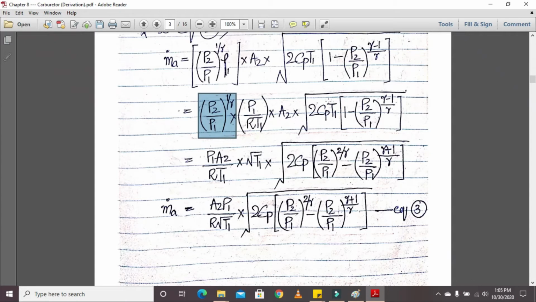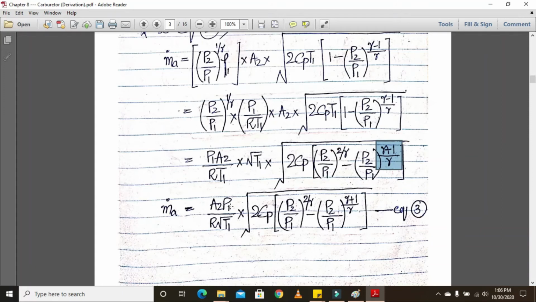When it is going inside the square root, the power will not remain 1 upon gamma, it will become 2 upon gamma because it is going inside the square root. And when it is multiplied with the terms present inside the brackets, one will give you the exact same thing. However, on the other side the bases are same, so the powers would be added, which means that 2 upon gamma and gamma minus 1 upon gamma would be added to each other, and as a result you will get gamma plus 1 upon gamma as a power.